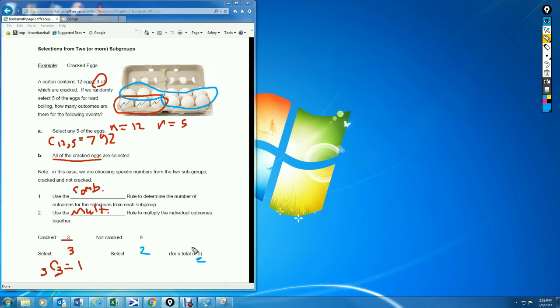So how many ways can I select 2 of the not cracked eggs? In other words, I want to do a combination of, there's a total of 9, but I want to select 2. So if you do it, 9C2 is 36. And I already did the previous one: 3C3 is 1.